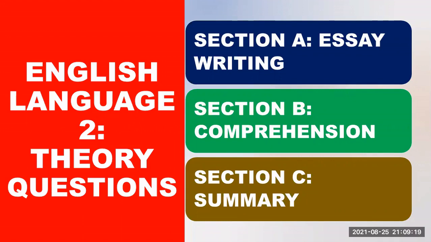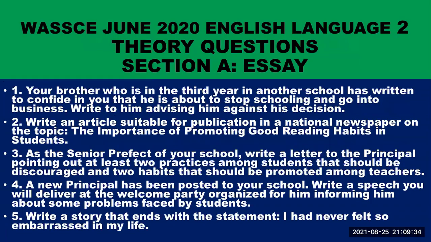The theory questions in part 2 are sub-classified into 3. Section A is essay writing, section B, comprehension, section C, summary writing. Now let's look at this one by one, beginning with section A, which is essay writing.